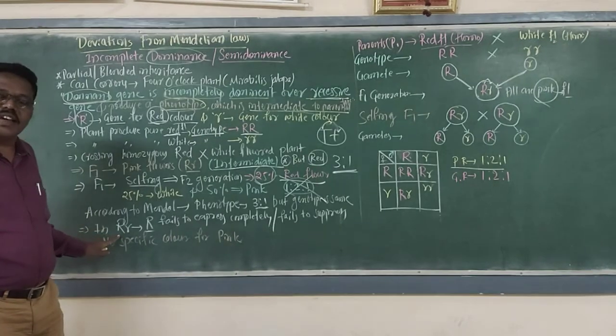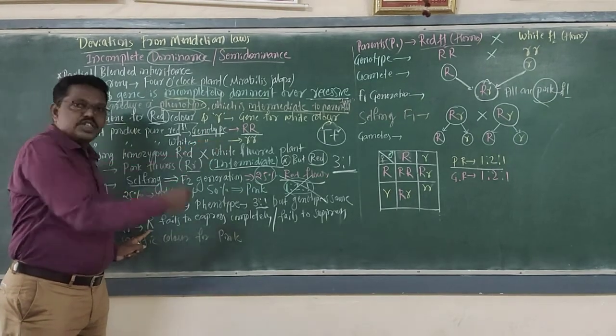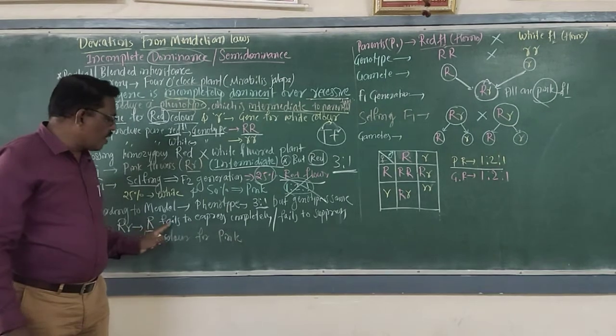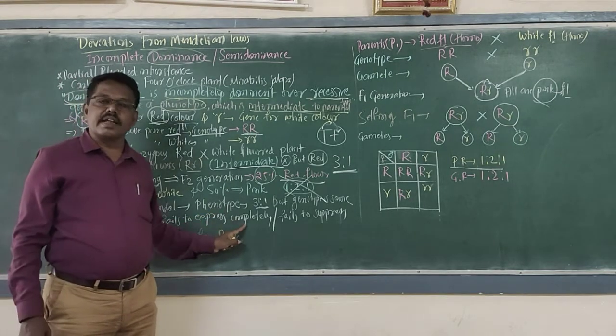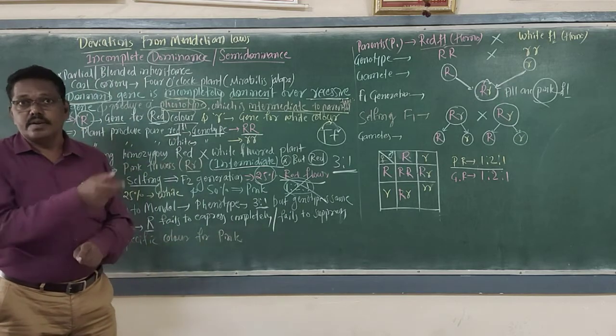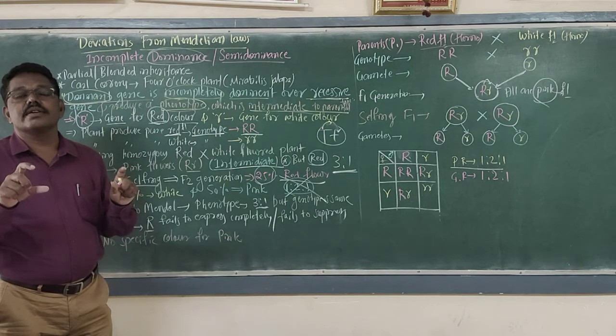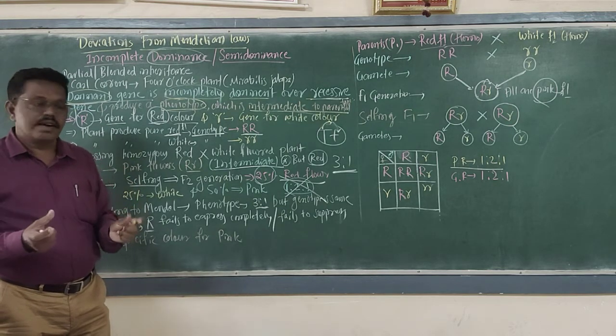In the capital R, small r, within the F2 generation, capital R fails to express completely or fails to suppress the other gene, which is small r. Hence, we get the intermediate color.